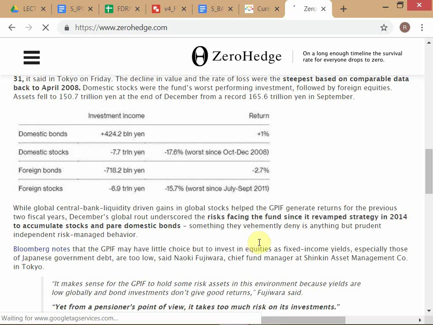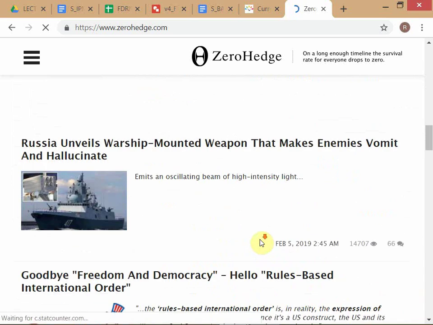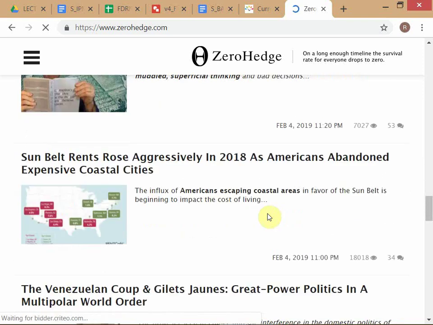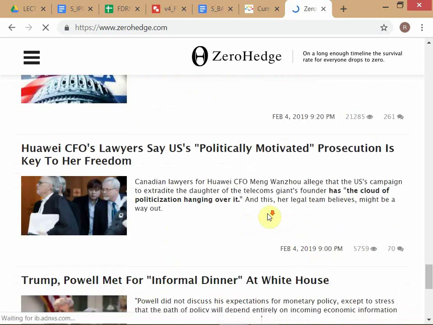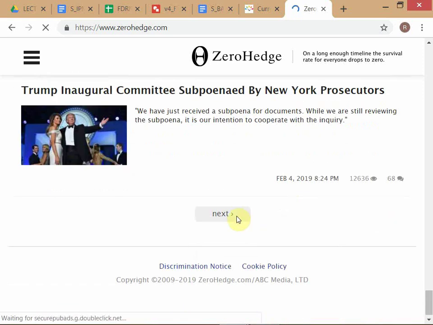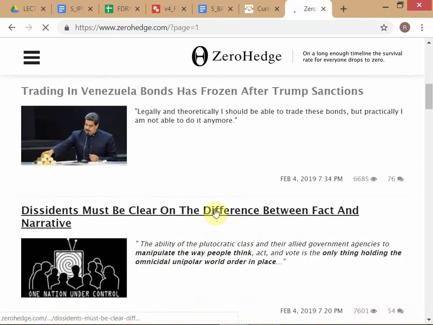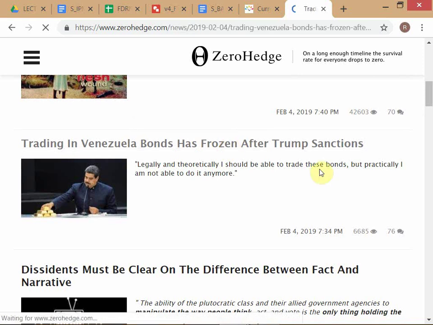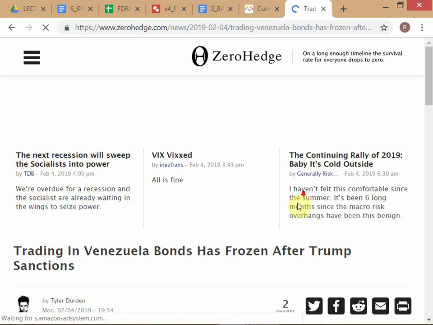It may still be there. This is the one I was talking about. Trading in Venezuelan bonds has frozen. This might be the sovereign bonds as well, but it definitely includes bonds of PDVSA.